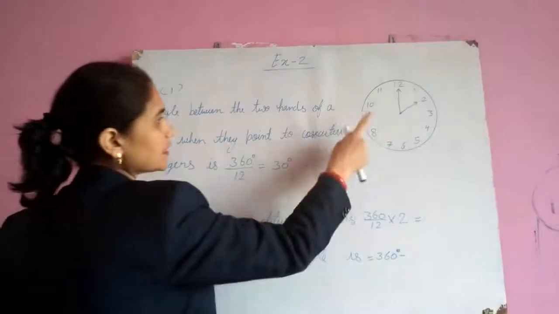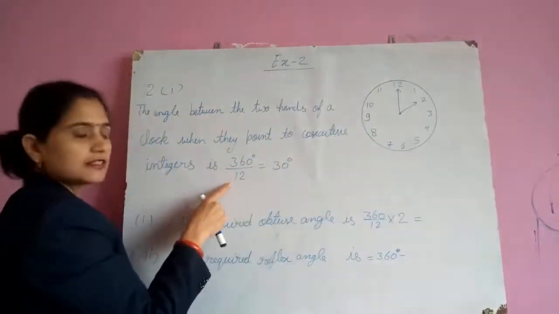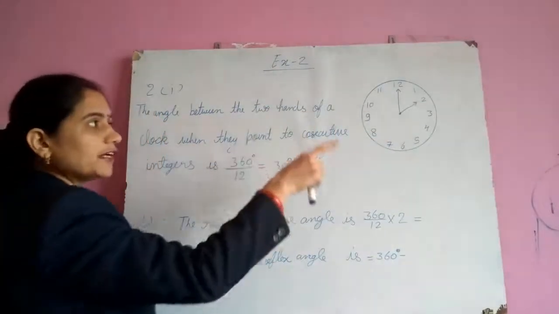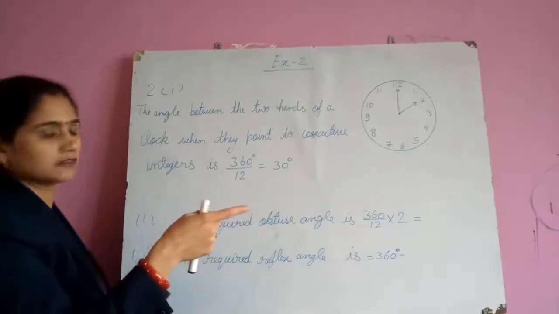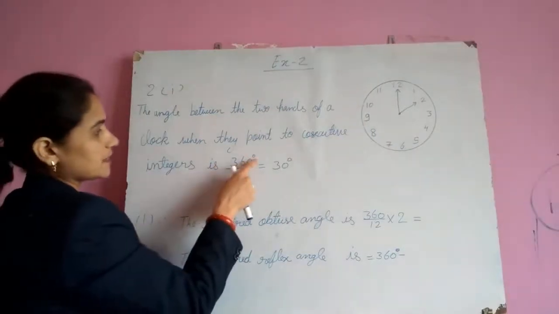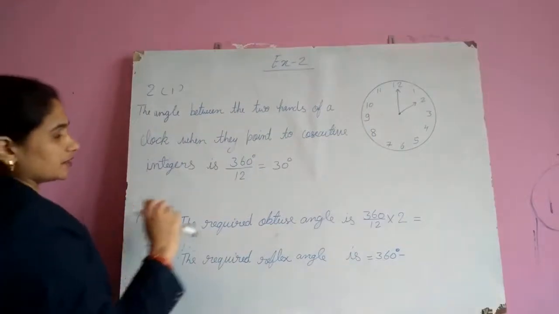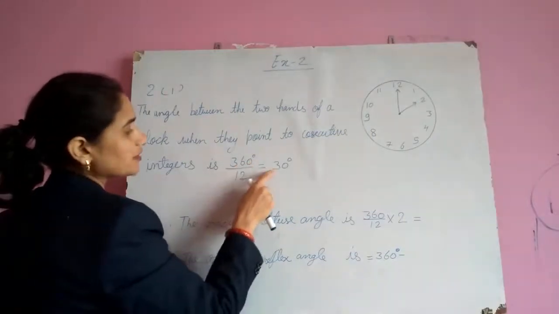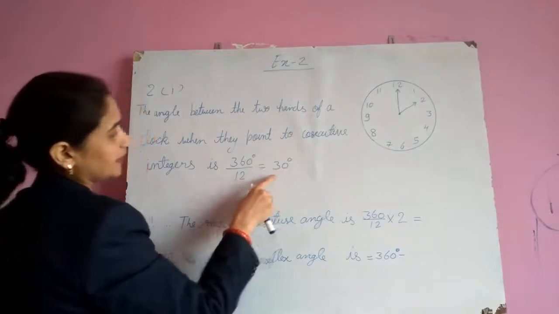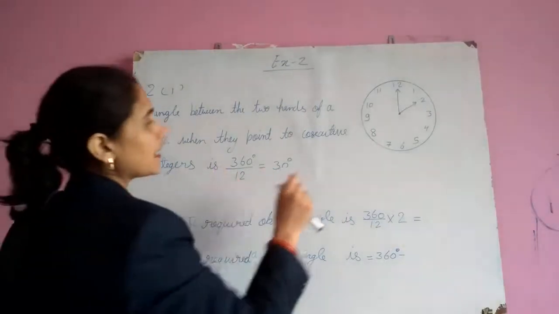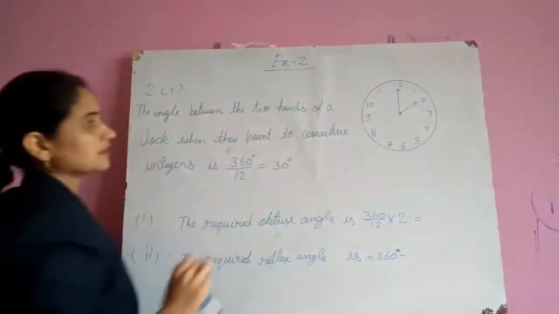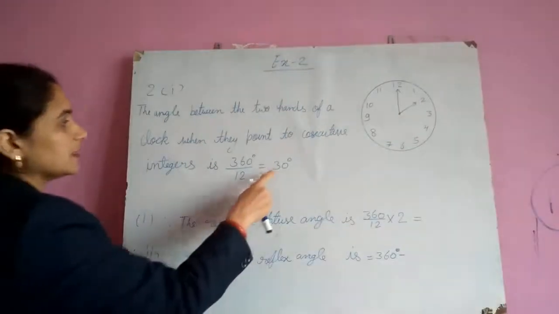Total integers are 12, so we put that in the denominator, and a complete rotation is 360 degrees, which we write in the numerator. After division we get 30 degrees. It means the angle between two integers is 30 degrees.